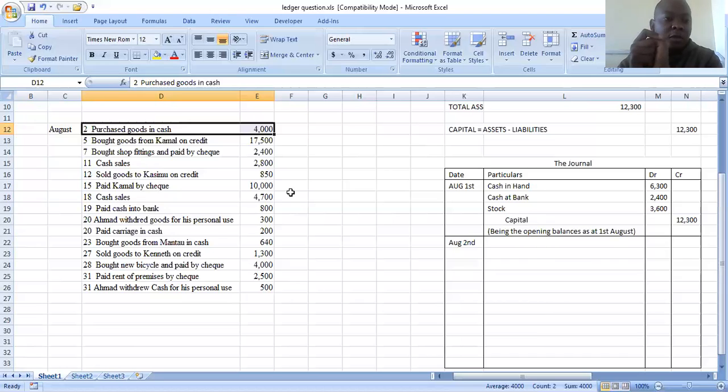So for this transaction, which 2 accounts have been affected? In this case, we have purchases account and cash account. The second question is, what type of accounts are they?